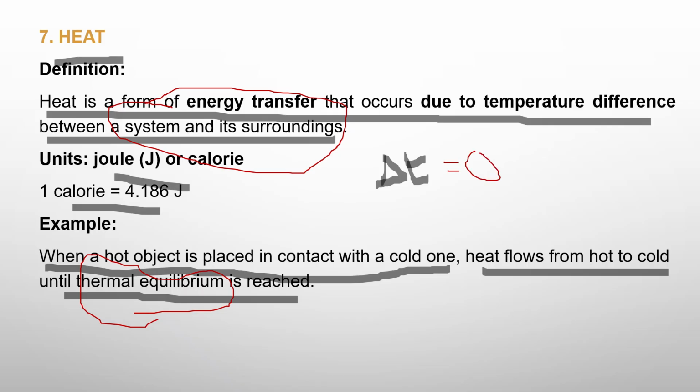When the system and surrounding are at the same temperature, we can say that it is in thermal equilibrium. This is helpful when we will talk about the zeroth law of thermodynamics.